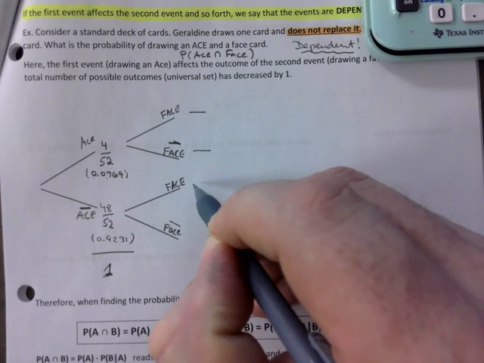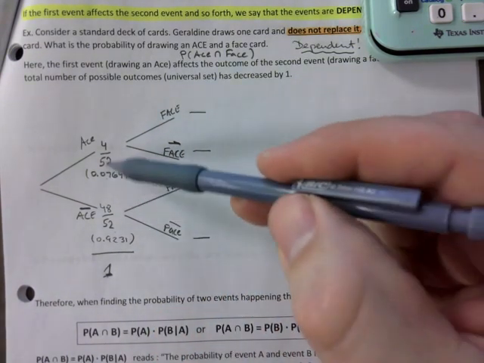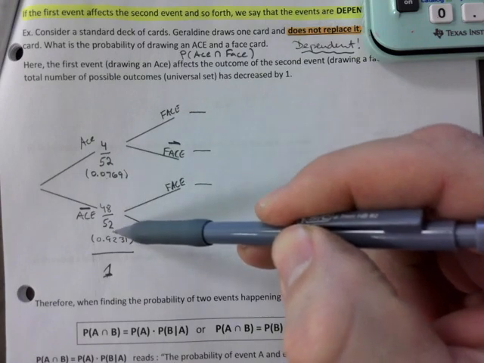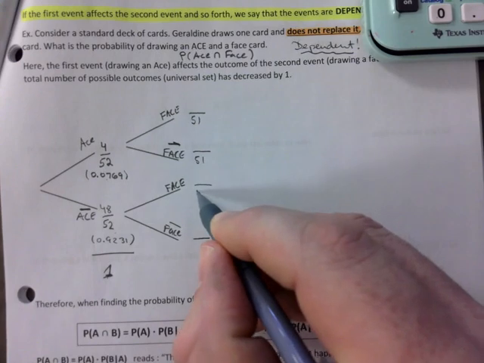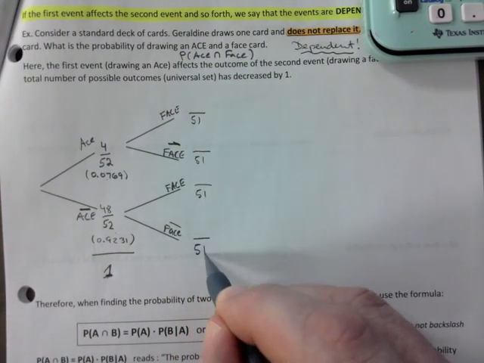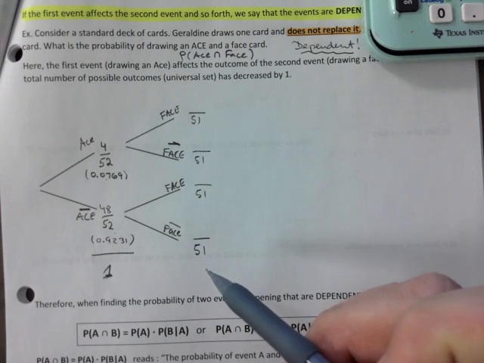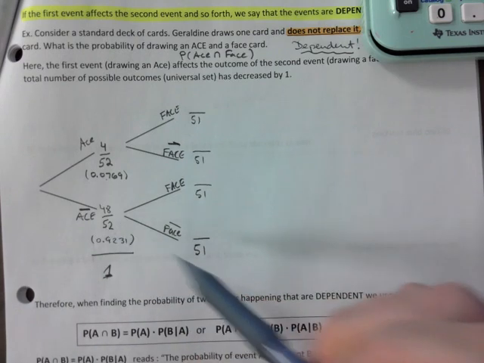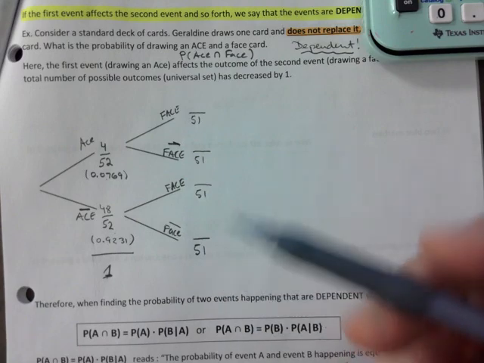I'm going to put the probabilities as a fraction every single time. Now, because this happened and it has not been replaced, I have 51 cards left every single time. That is that dead giveaway that these are dependent. When you notice the total has changed, it's a dead giveaway.